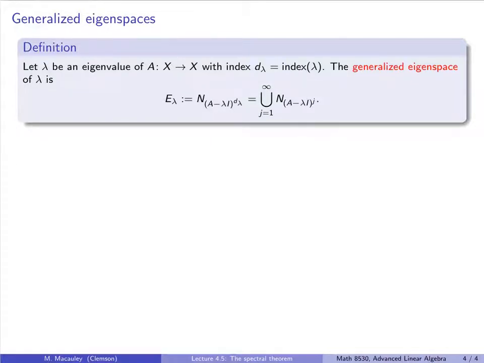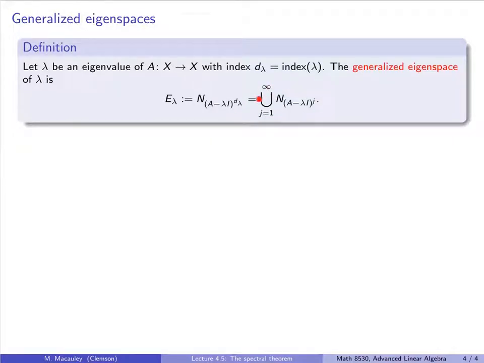If A is a linear map from X to itself, and lambda is an eigenvalue with index d lambda, then the generalized eigenspace is just the null space of A minus lambda I to the d lambda, which, as I said before, is the sum of all the null spaces of A minus lambda I to the j, from 1 to infinity, that we can really stop at d lambda.